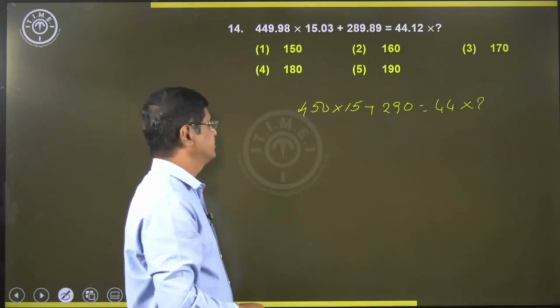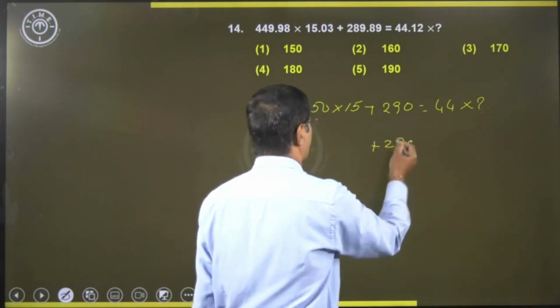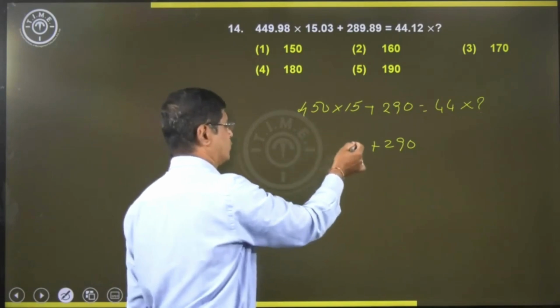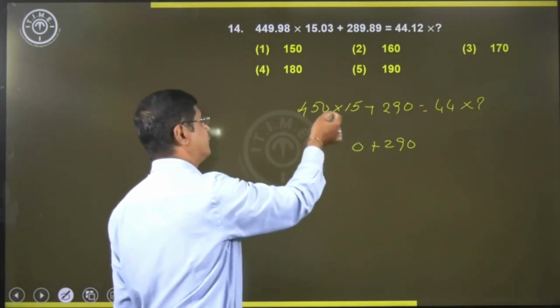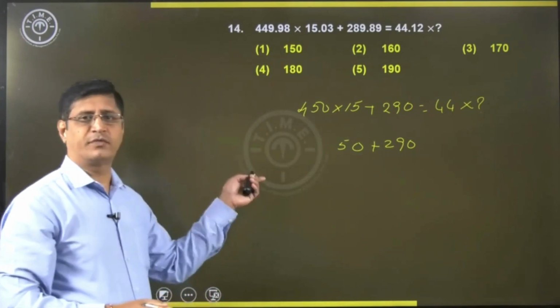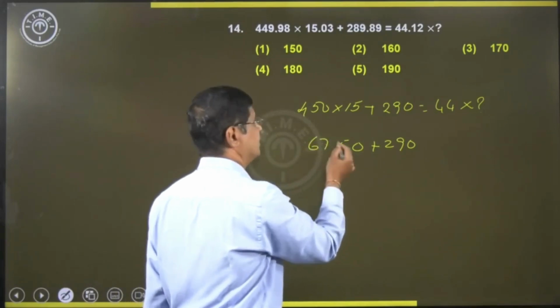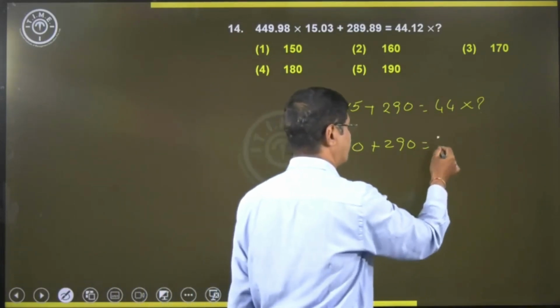Now simplify this. 290. 15 times, I am taking 0 as 0. 15 times 5 is 75. 15 times 4 is equal to 60 plus 7, 67, is equal to 44 into question mark.